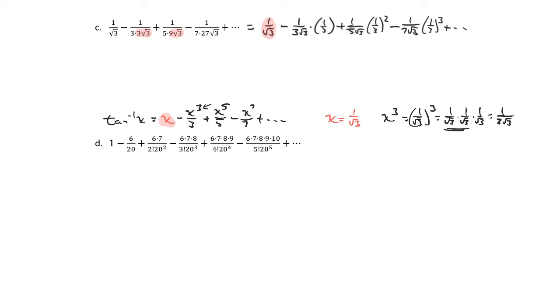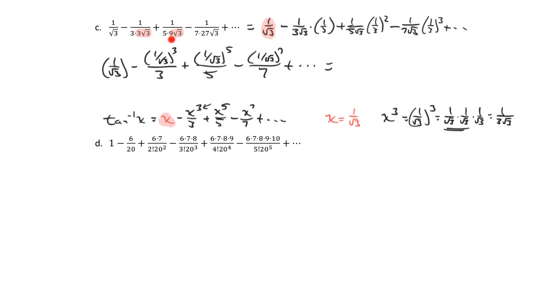Let's write this out just to be clear. So here we have exactly the same thing. 1 over radical 3 cubed turns out to be 1 over 3 radical 3. 2 of those factors would give me 3. 1 would give me the extra radical 3. 2 factors of the 5 would give me 1 factor of 3. 2 more would give me a second factor of 3 to give me 9.